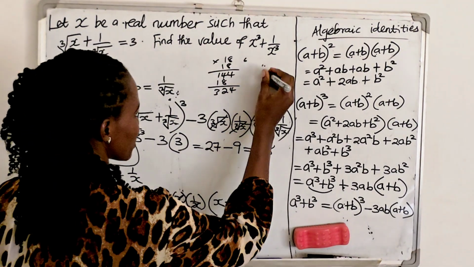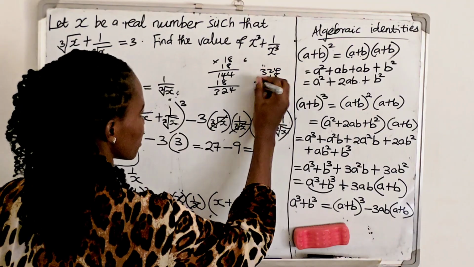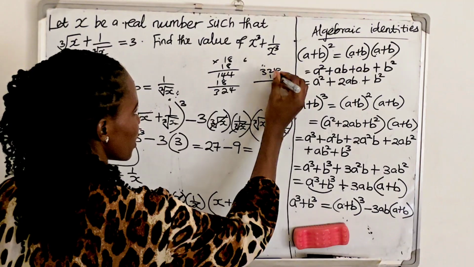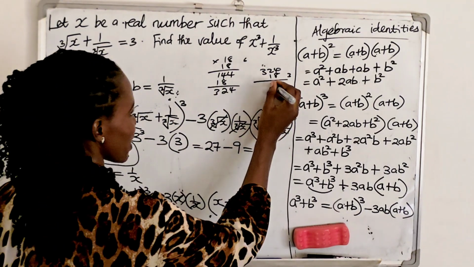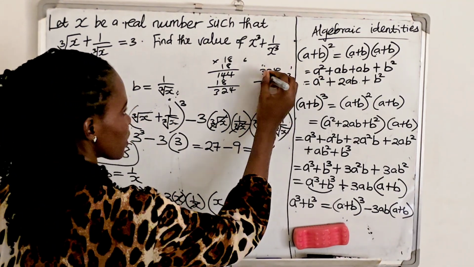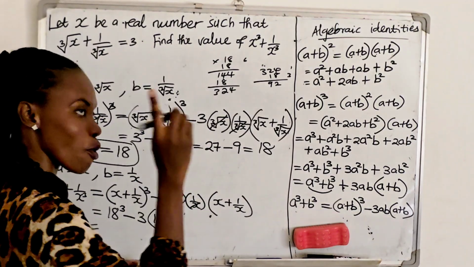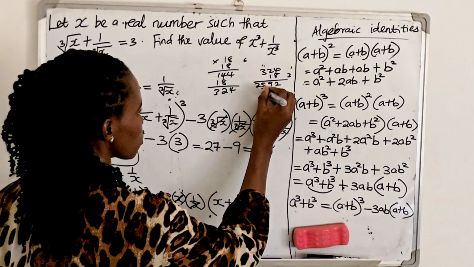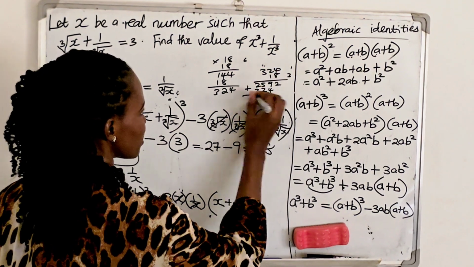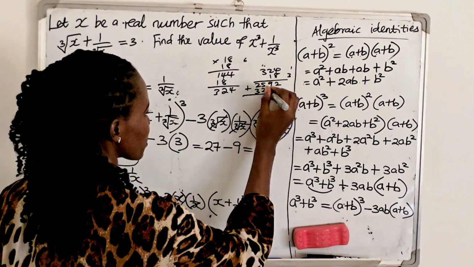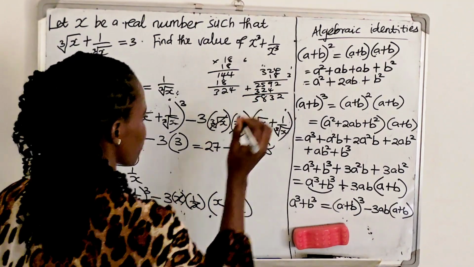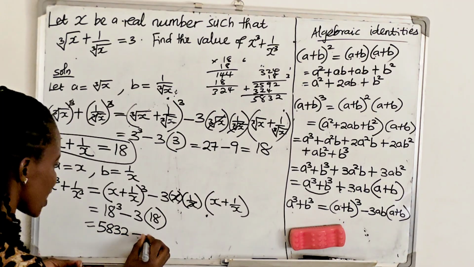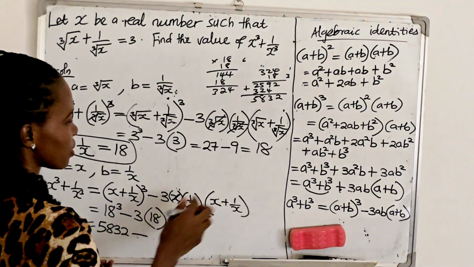Then times another 18. 324 times 18. 8 times 4 is 32, 2 carry 3. 8 times 2 is 16 plus 3, 19. 9 carry 1. 8 times 3 is 24 plus 1, 25. 1 times 4, 4. 1 times 2, 2. 1 times 3, 3. We add. I have 5,832. So I have 5,832 minus 3 times 18.